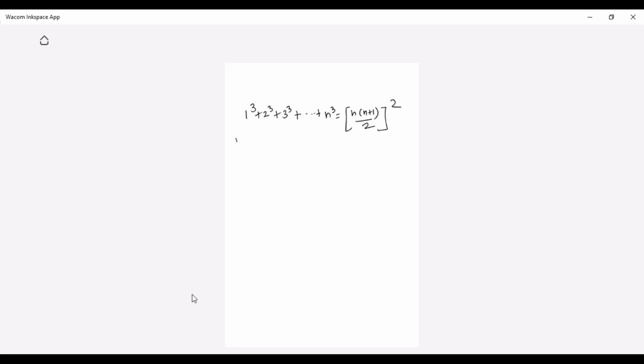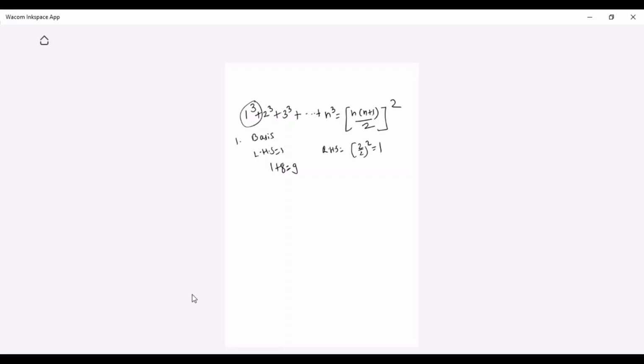Let us solve. First step is what? Basis. LHS is equal to 1, 1 cube is 1. And here RHS would be 1 into 1 plus 1 is 2, and 2 by 2 square would be 1. Then if I put n is equal to 2, then 1 cube is 1 and 2 cube is 8, so LHS would be 9.